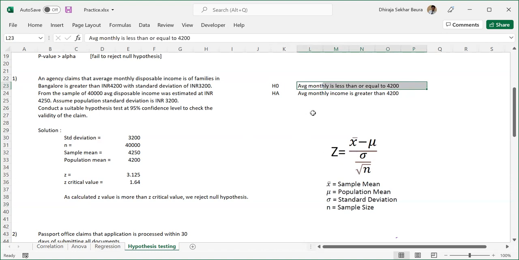That means what is true? Average monthly income is greater than 4,200, which was actually the claim of the agency. If you read out the question, an agency claims that the average monthly disposable income in Bangalore is greater than 4,200, which is being proved by this analysis. And that is the purpose of the whole hypothesis testing. We are just testing whether the decision taken is actually statistically correct or not.